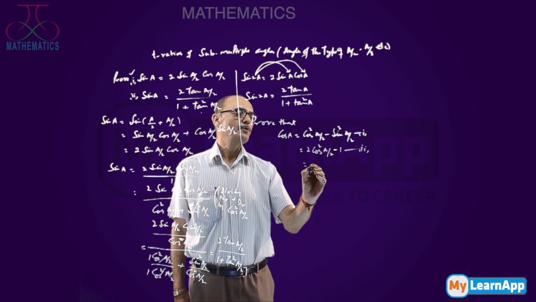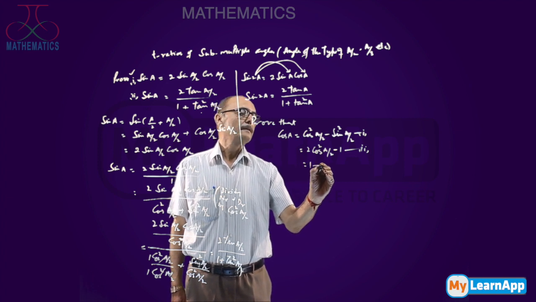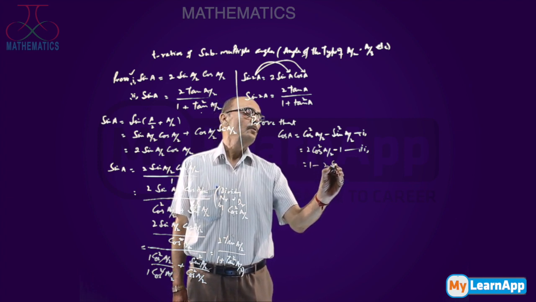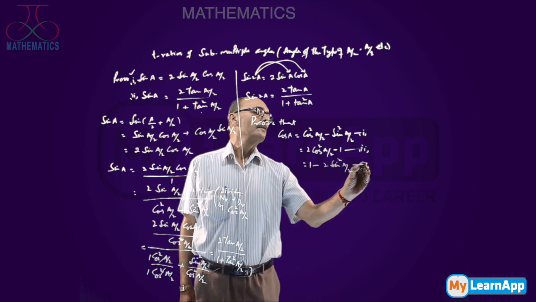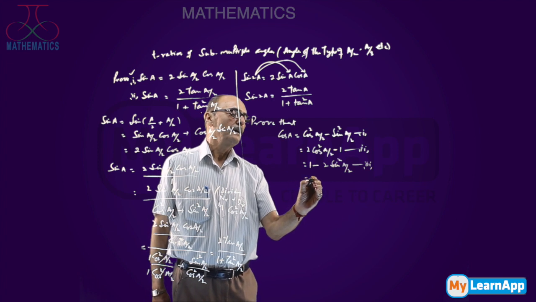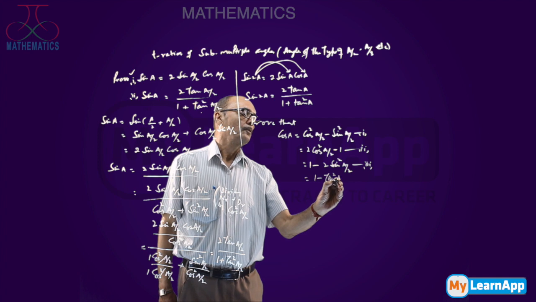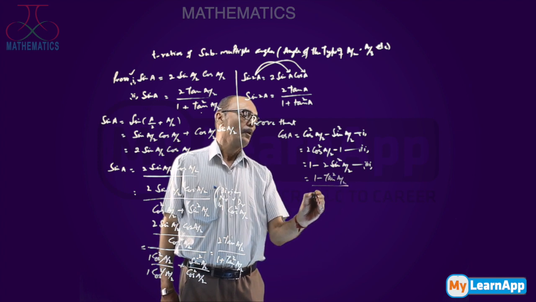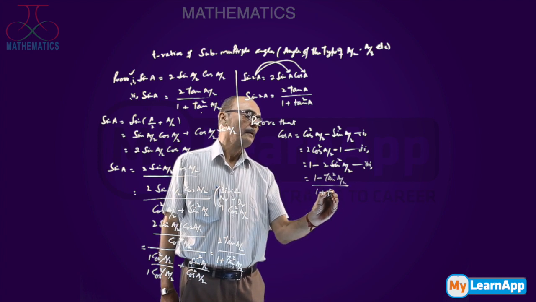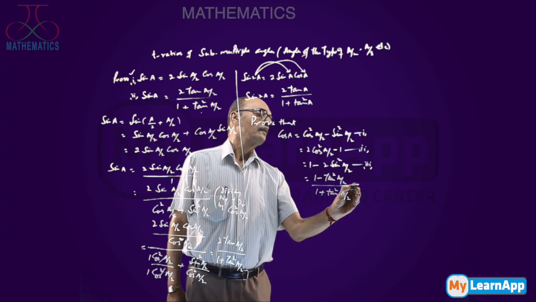In terms of sin square a by 2, we have 1 minus 2 sin square a by 2. This is third. And finally, we have 1 minus tan square a by 2 upon 1 plus tan square a by 2. This is number 4.